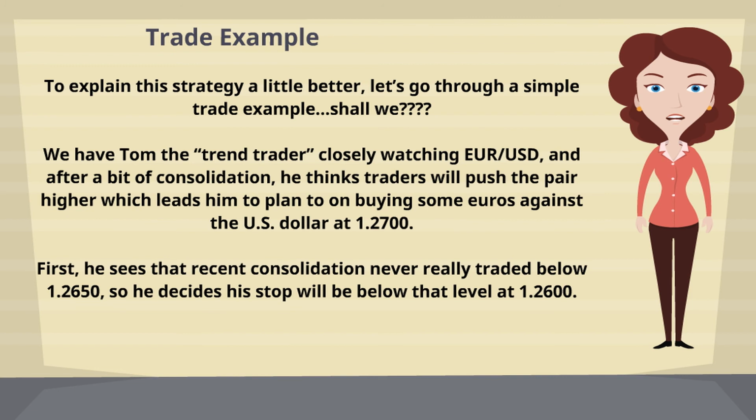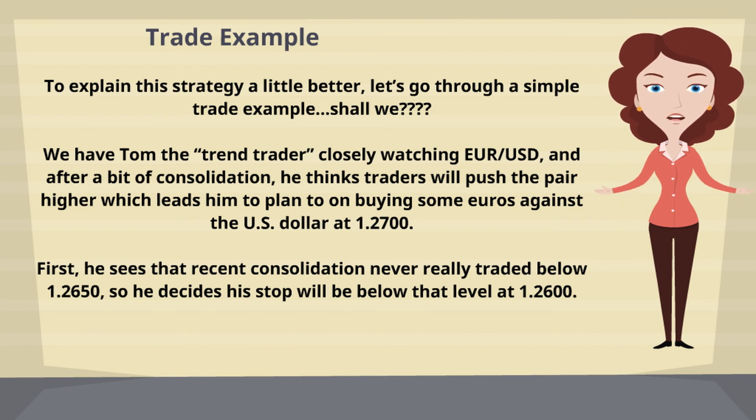Trade example. To explain this strategy a little better, let's go through a simple trade example, shall we? We have Tom the trend trader closely watching euro to US dollar, and after a bit of consolidation, he thinks traders will push the pair higher, which leads him to plan on buying some euros against the US dollar at 1.2700.